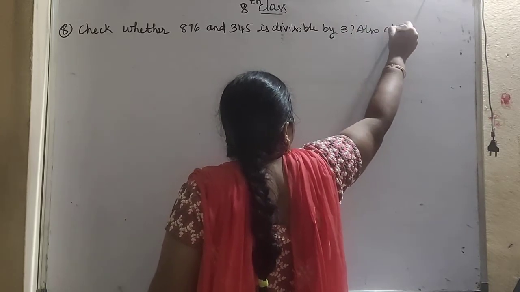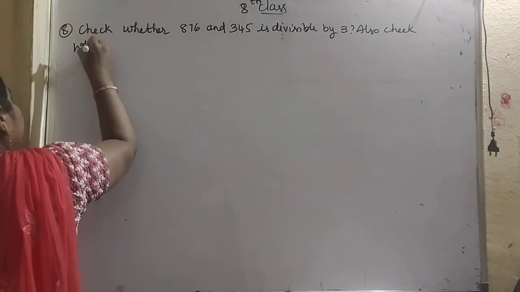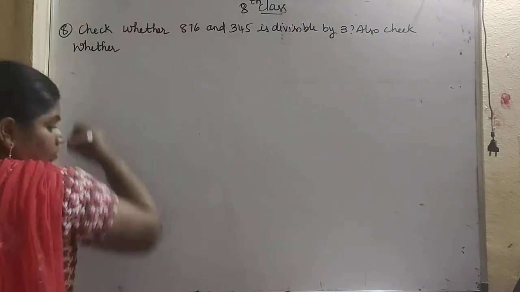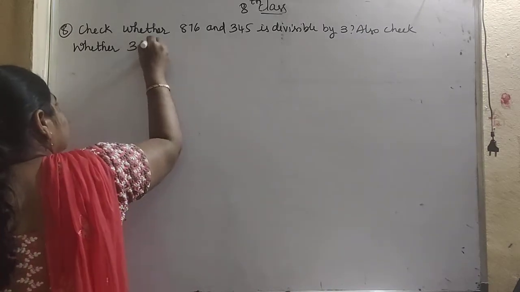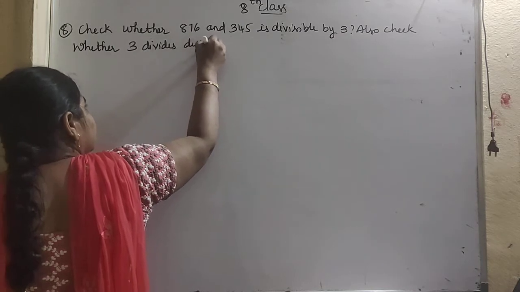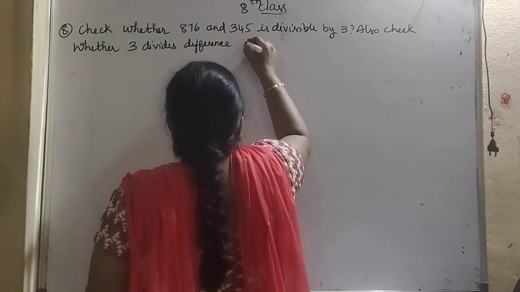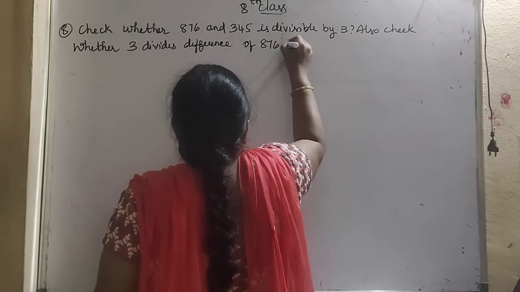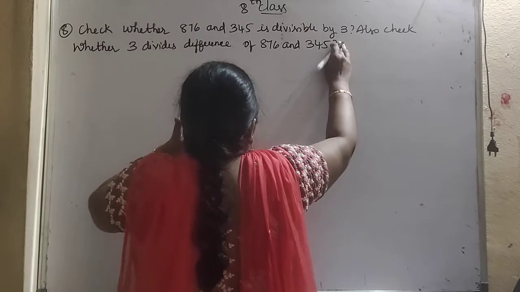Also check whether 3 divides the difference of 876 and 345. So it is the same as the previous problem.